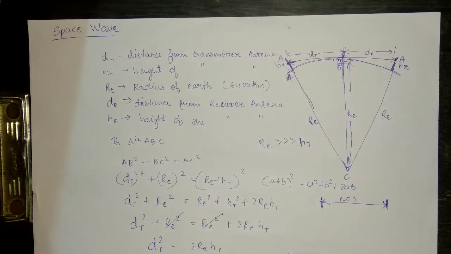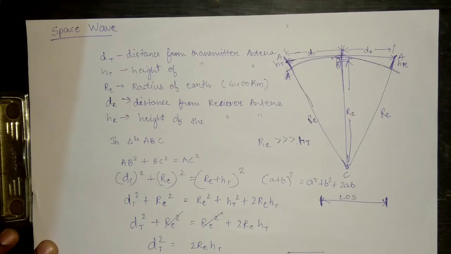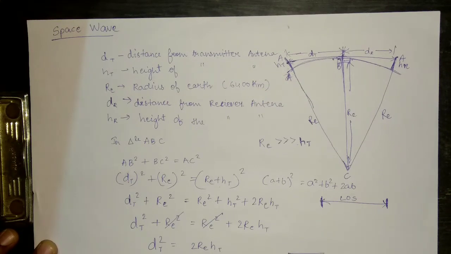Now we have to calculate the total distance traveled by the waves. That will be D equals to DT plus DR. That is nothing but under root 2REHT plus under root 2REHR.